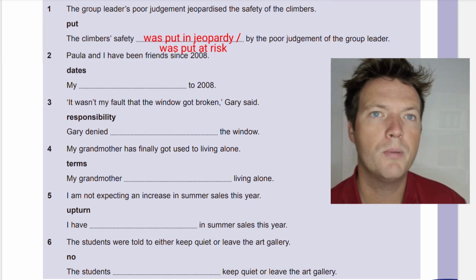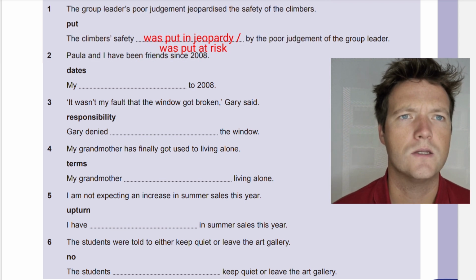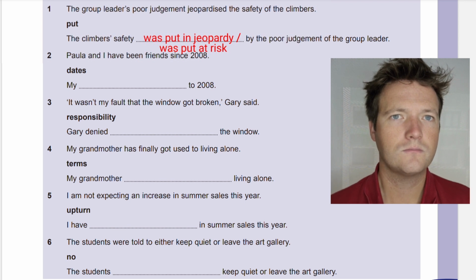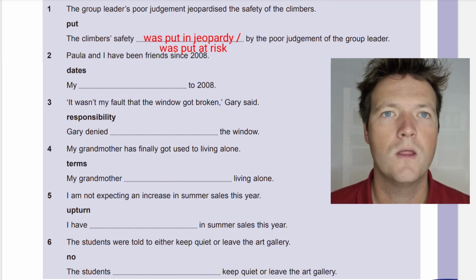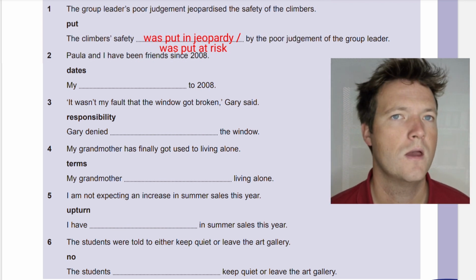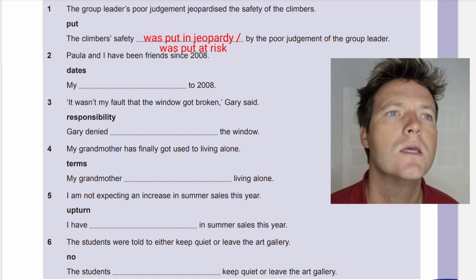Okay, number 2. Paula and I have been friends since 2008. So, we have been friends since 2008. The key word we are given is dates, and my to 2008, right?